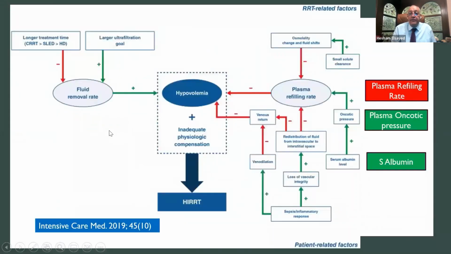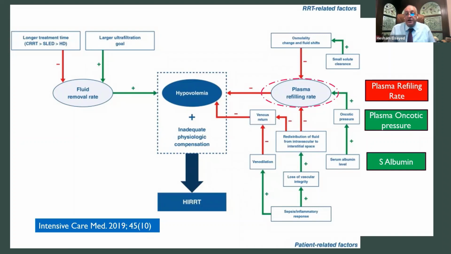The hypovolemia and the plasma refilling rate are important. Plasma refilling rate is defined by the volume of water from the interstitium and intracellular part that comes to the intravascular compartment. So by this volume, it can do plasma refilling to compensate for what has been removed by ultrafiltration.